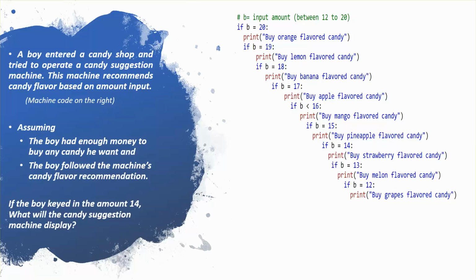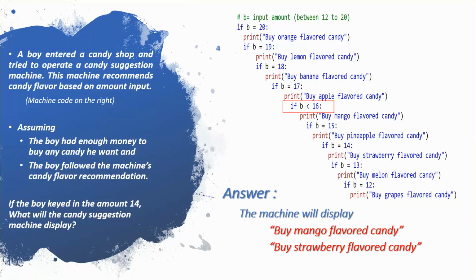If the boy keyed in the amount 14, what will the candy suggestion machine display? So what is the answer? The machine will display buy mango flavored candy, buy strawberry flavored candy.